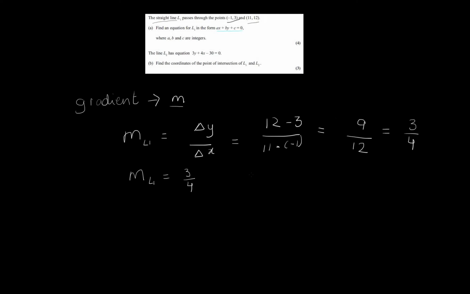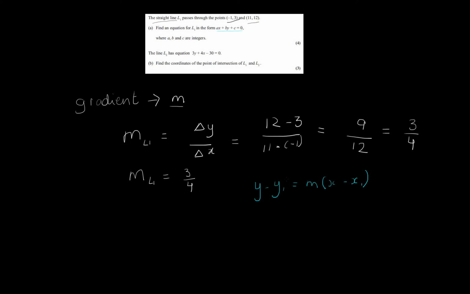Now we have the gradient and we have 2 points. Here we can take 2 paths forward to find the equation for L1. Firstly, we could just use the point gradient form, which is y minus y1 equals m times x minus x1.